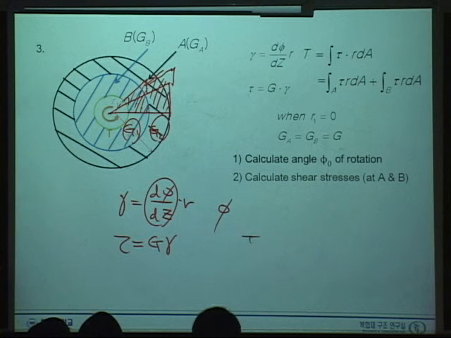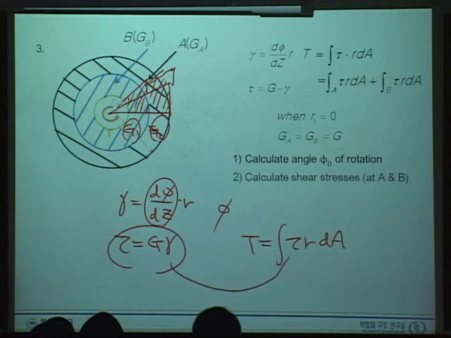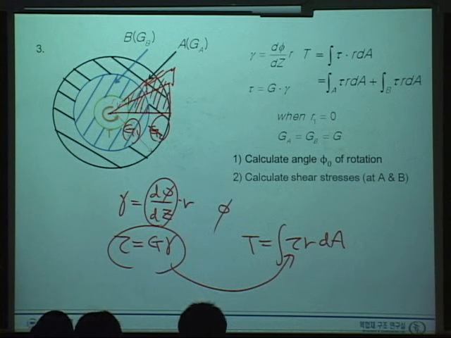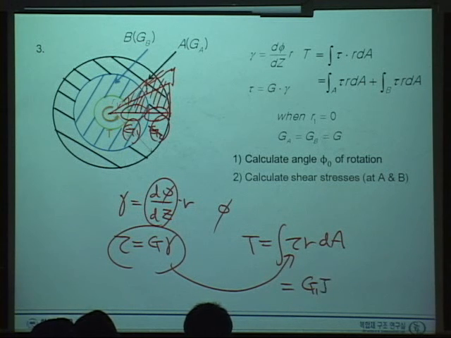When you integrate the torque, tau, r, and dA, tau should go in there, and when you do the integration, G is different here and there, so you need to be careful when you perform this integration. So this should be sort of G1 I1P plus G2 I2P.